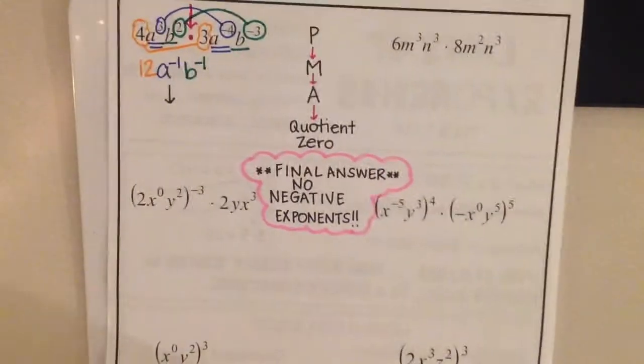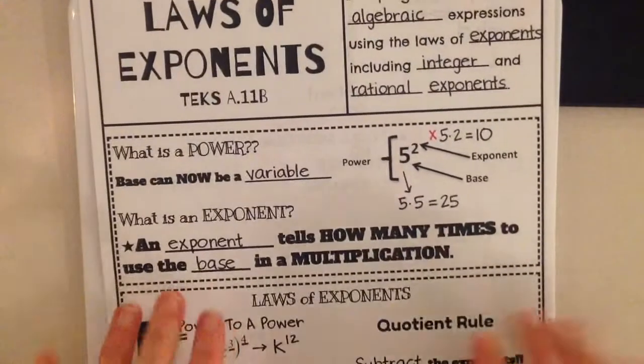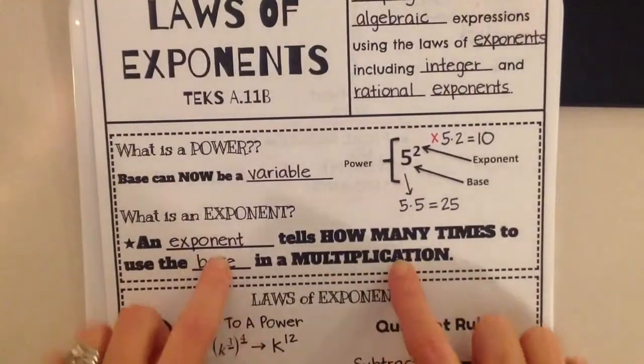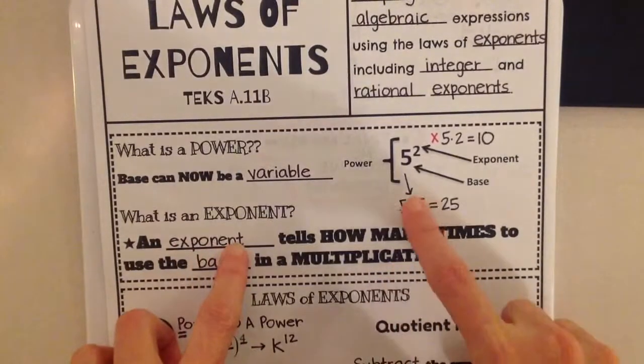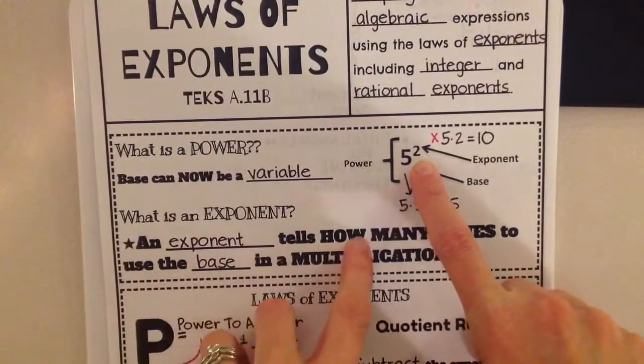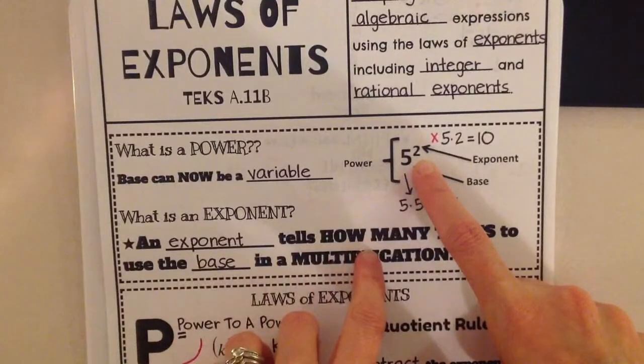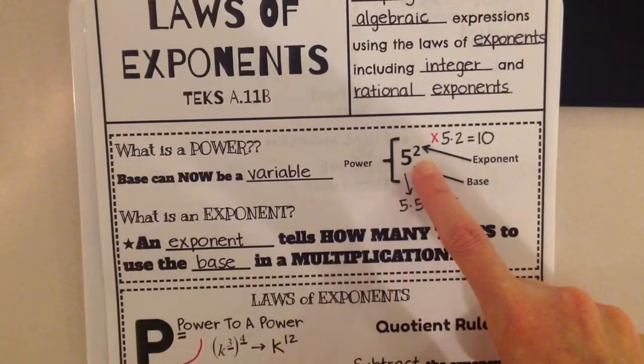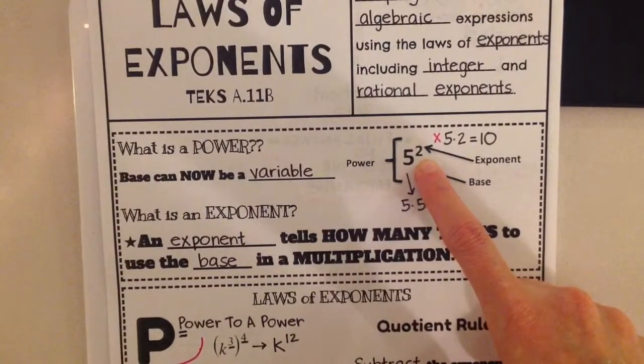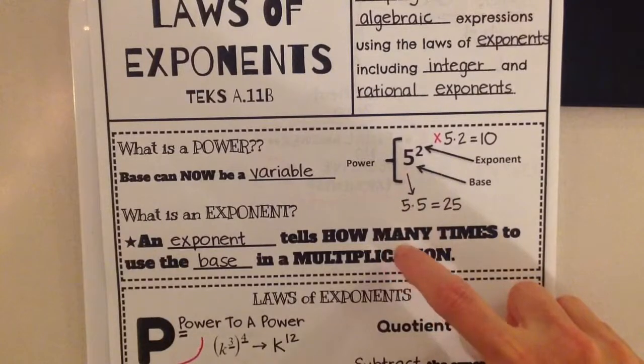Okay, so let's look back here for just a second. We said that if we are having a positive exponent, it is telling us how many times to multiply. Multiplication. So if my exponent is now negative, which is the opposite of being positive, what operation do you think we're going to use to apply to the base? Well, what operation is the opposite or the inverse of multiplication?